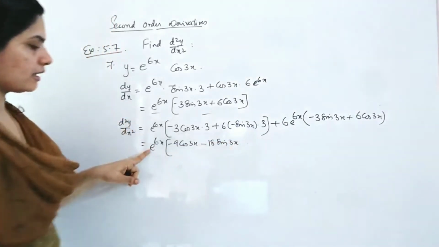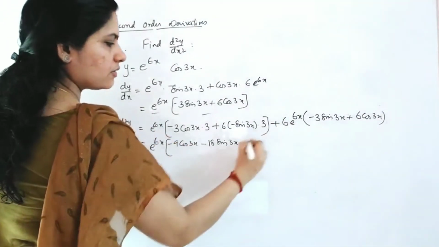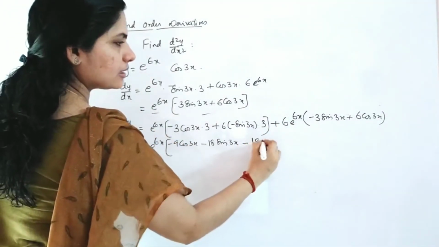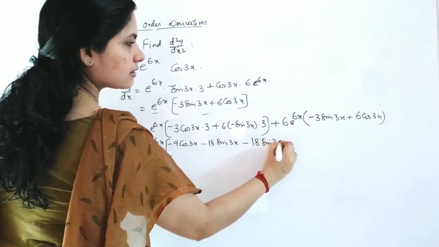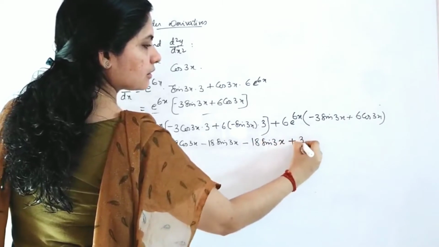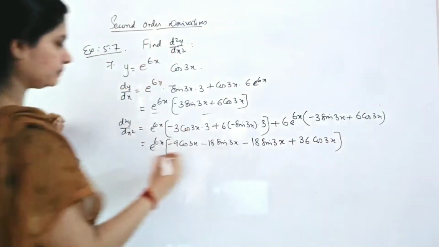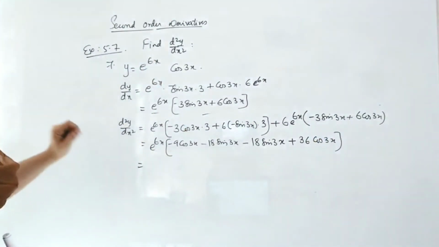I have only taken out e raised to 6x, so 6 is here. 6 into 3 will give you 18. So it is minus 18 sine 3x plus 36 cos 3x. Okay, so what you will get here?